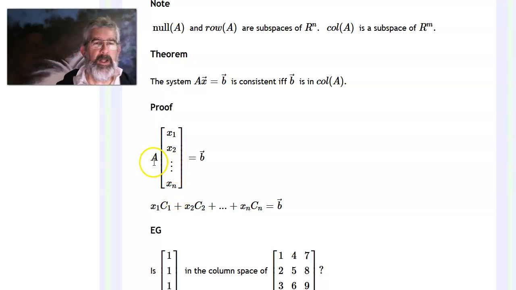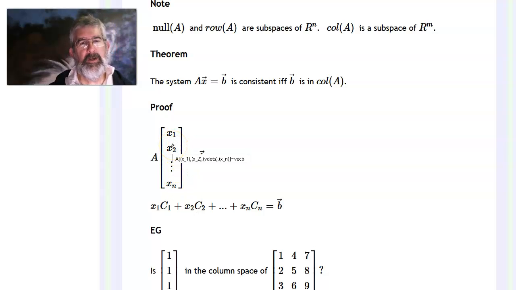How do you multiply a matrix times another matrix, particularly when the second one is just an n by 1 matrix? There are different ways to think of it. One is that I look at the rows of A and dot them with this column. So the first entry would be the first row dotted with this column, the second entry would be the second row dotted with this column.